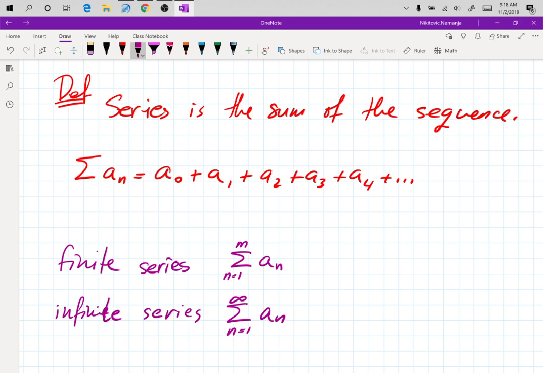And anytime you add a finite amount of numbers, they will always add to another number, so they're always convergent to a sum, and we just don't care about them. It is the infinite series that we care about, because infinite series can converge or diverge.